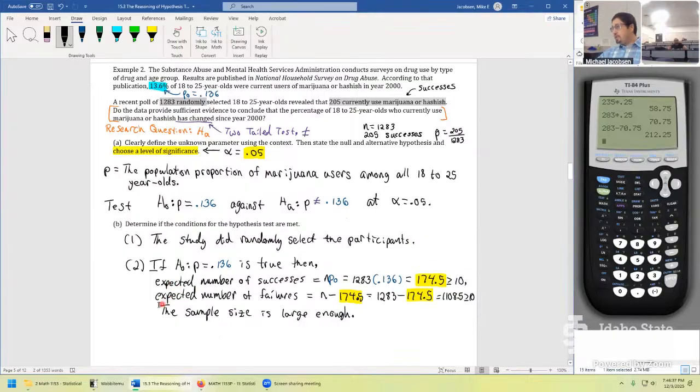Then condition 2, that was the only other condition we checked on this one, was just to see if the sample size was large enough as well. And MyLab Statistics also is going to ask if the data is independent or not. That's usually just an easy pass. The data is almost essentially always independent. You need to know very special information if it was dependent. They also ask if it's a one proportion test.